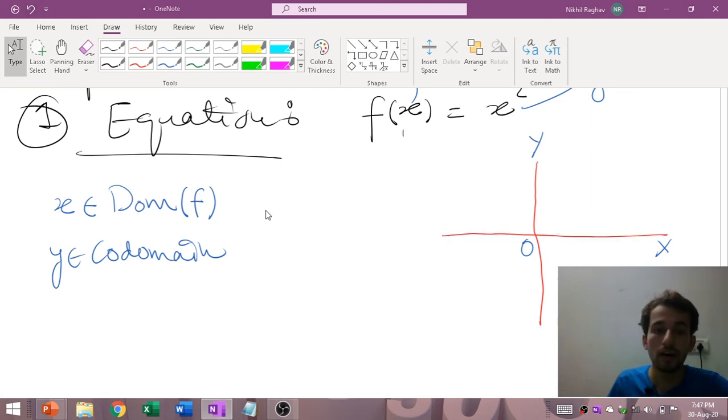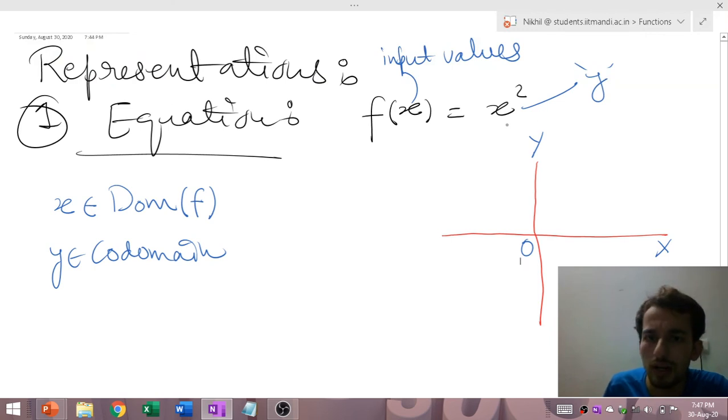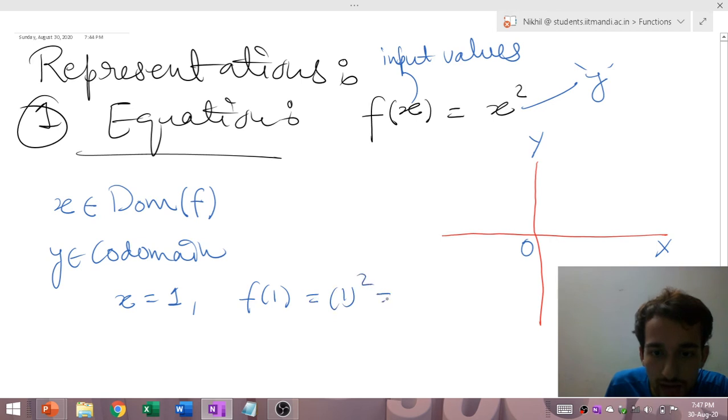Fine. Why? Because of your parabola. Let me plot it for you. If I choose x equals 1, then f of 1 will be, substituting x equals 1, 1 squared, which is 1. So if I call it here 1, then this height is my f of 1, which is 1.